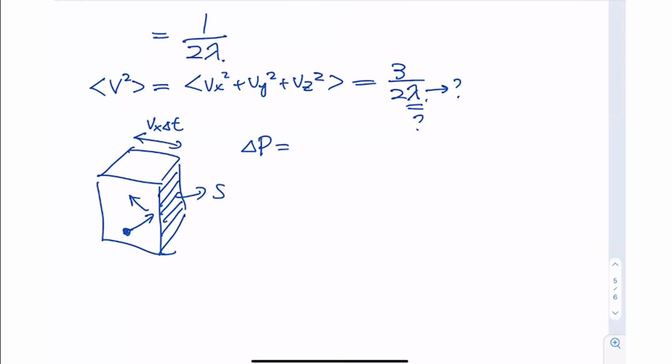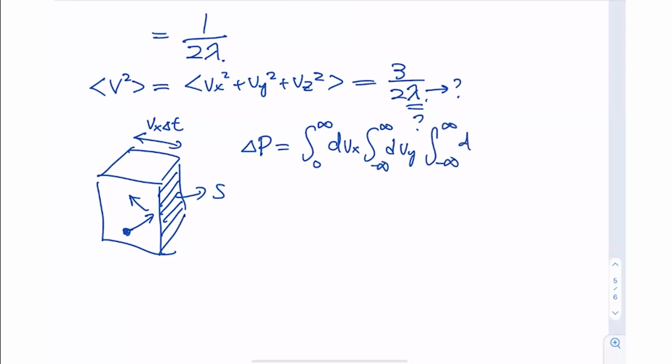So the change of momentum, at least statistically, we know that it's related to this expression. Okay.